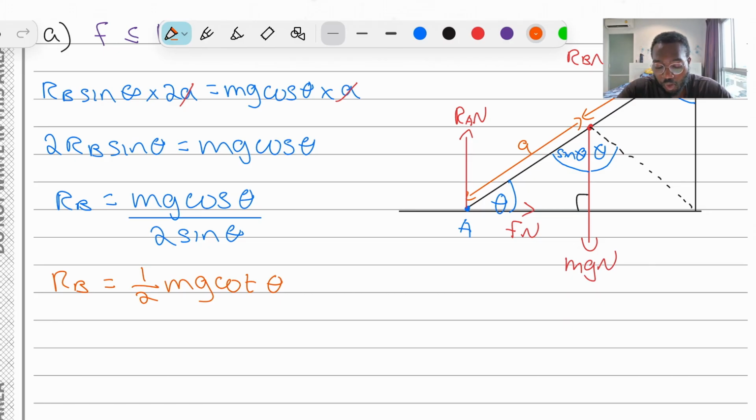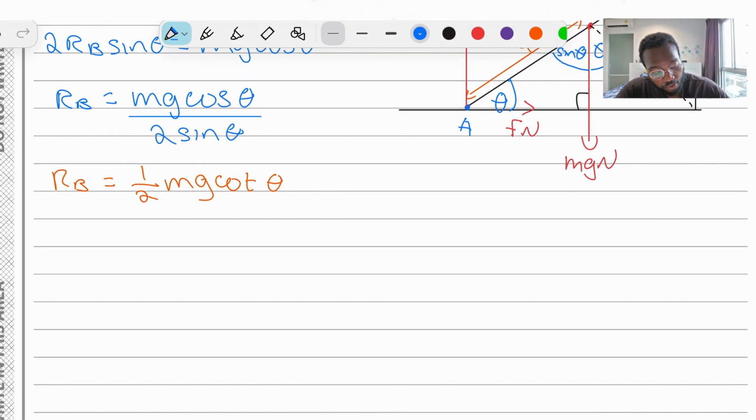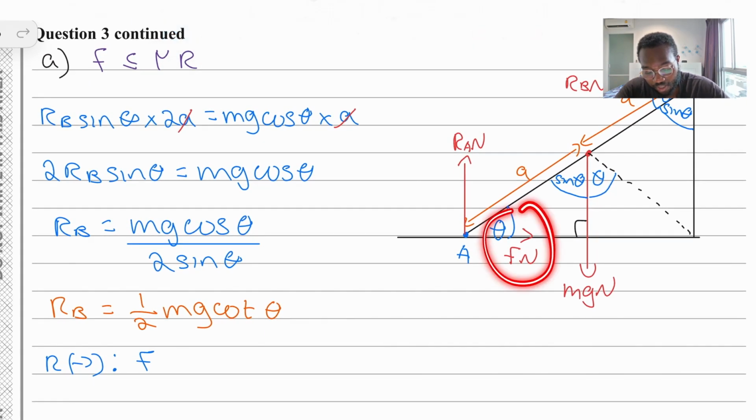And now, we know what RB is, well, just looking at our diagram, we can work out what F is, because you can see F and RB are the only horizontal forces we have. Therefore, if we resolve horizontally, we just have that F, okay, because we just have this F here, that must equal this RB here.